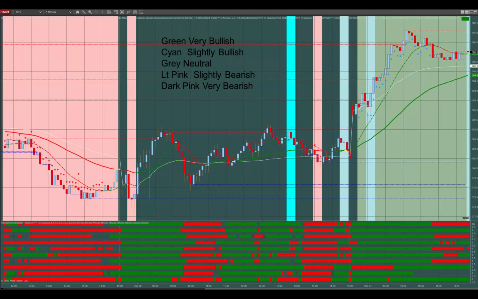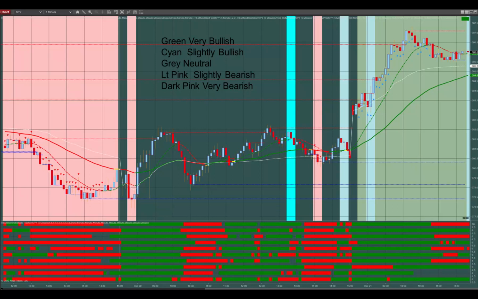You don't necessarily have to go from a gray neutral background to cyan to green. If you have the right market internals, if they're all pushing into green, you're going to see the background go from gray to green. So just be aware of that.